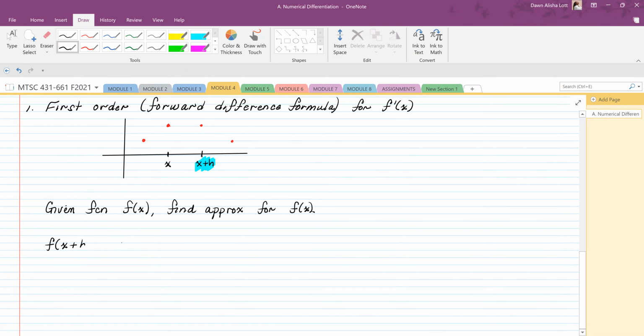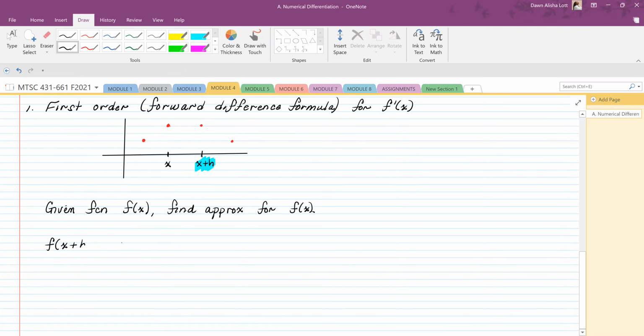So I'm going to multiply the first equation by 4, and I'm going to leave the second equation as it is.